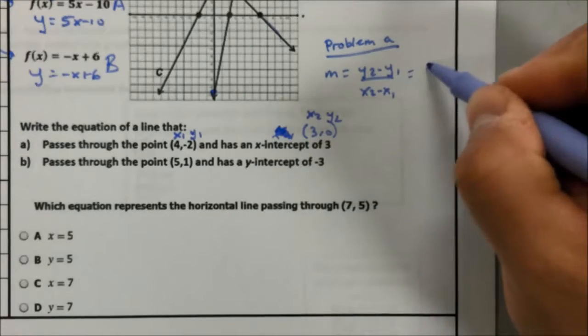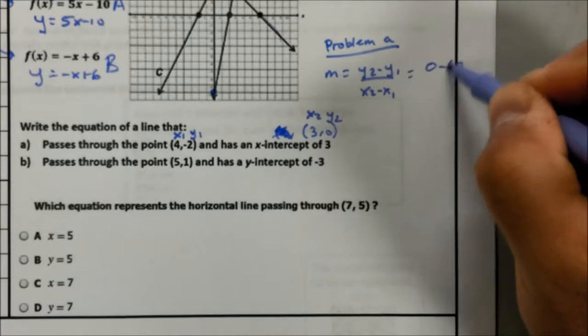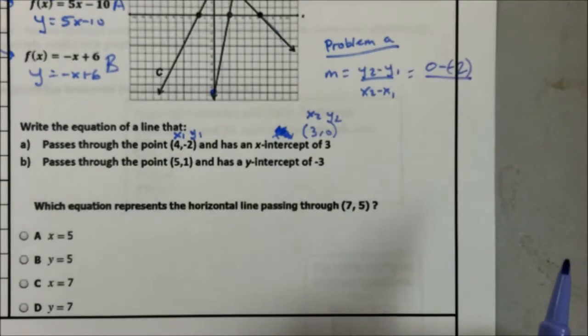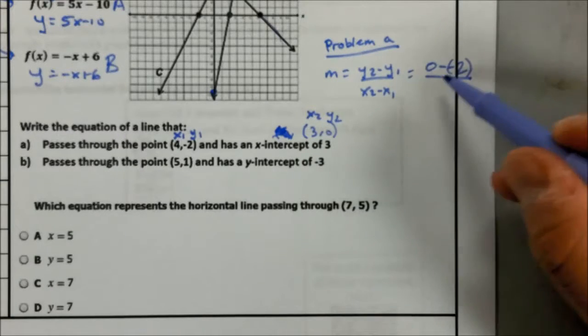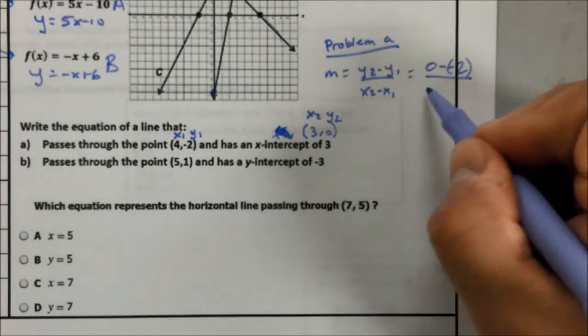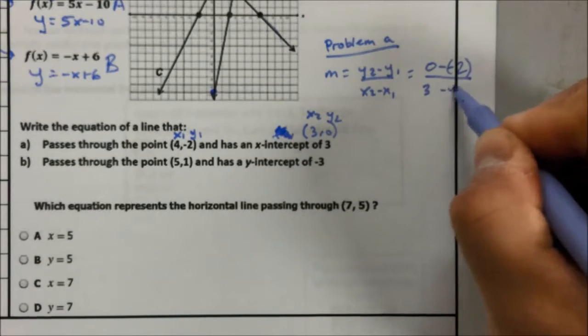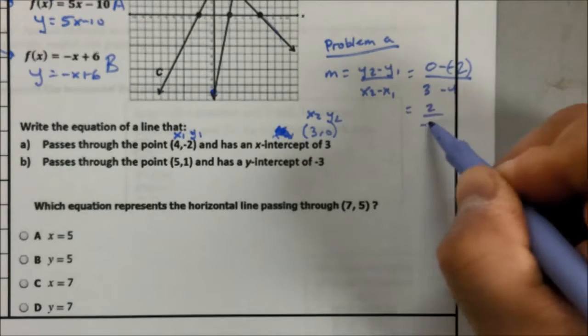So the slope will be 0 minus negative 2 over 3 minus 4. I apologize, this is probably not the best place to do it, but hopefully you can read that. 0 minus a negative 2 over 3 minus 4 equals 2 over negative 1, or negative 2.